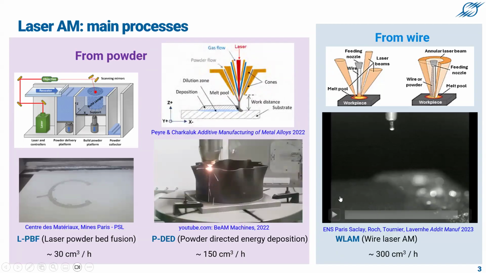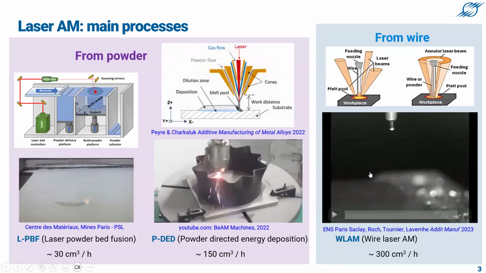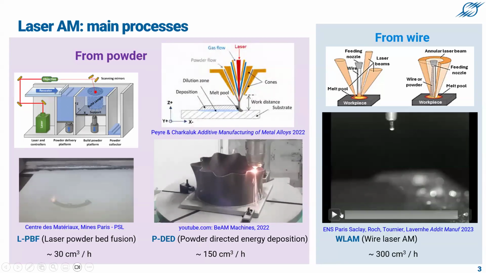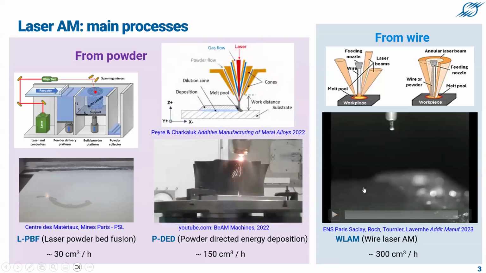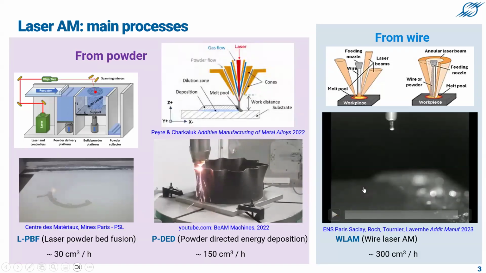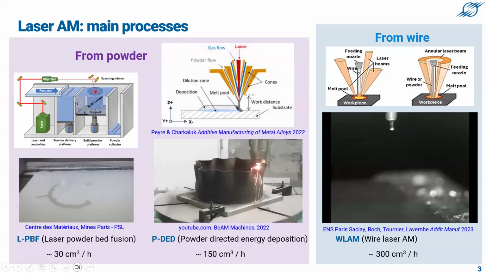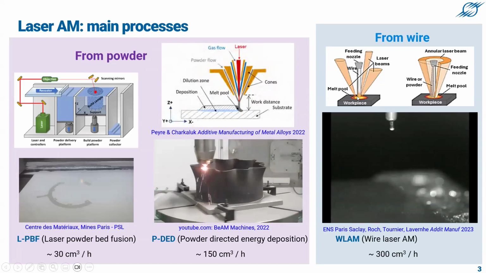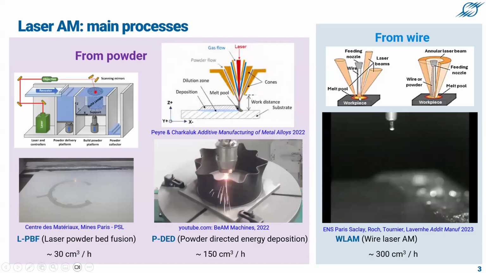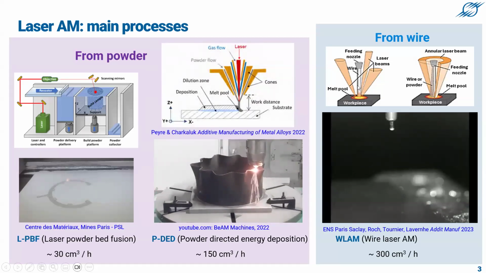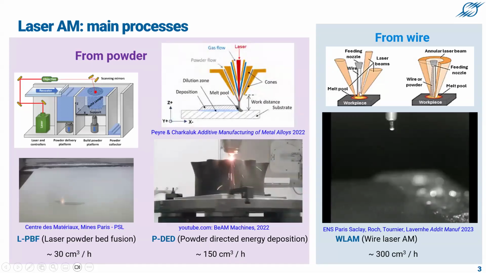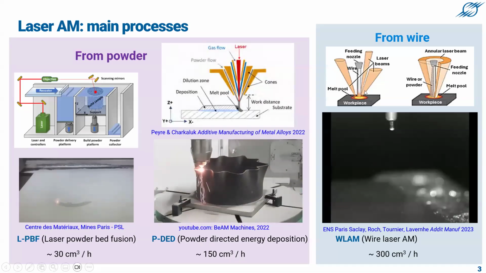Beside powder, you have a third major process for laser additive manufacturing, which is WLAM, wire laser additive manufacturing. Here the material is supplied in the form of a wire, and this wire is melted by a laser beam.